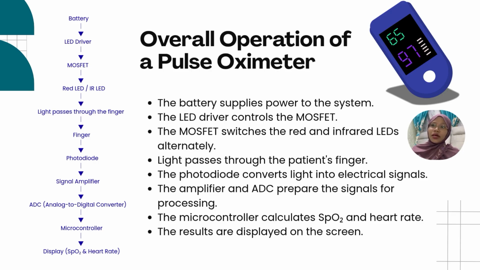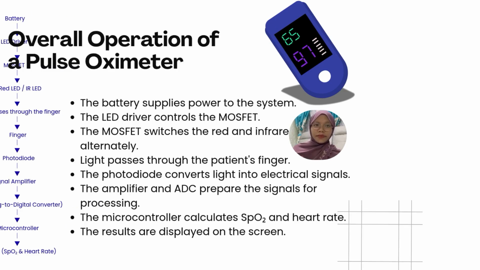These signals are amplified and converted from analog to digital form by the ADC before being processed by the microcontroller. Finally, the microcontroller calculates the blood oxygen saturation and heart rate and displays the results on the screen. This entire process happens within seconds, providing fast and reliable measurements.